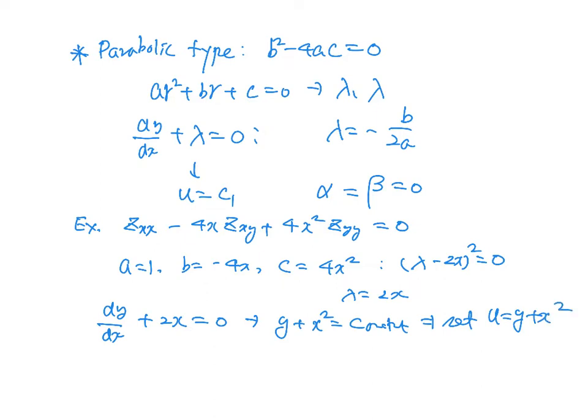How about v? The parabolic condition sets only one condition for u, right? So v we don't know. v is unknown still.